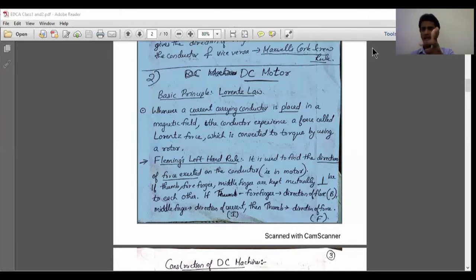So these three are mutually perpendicular. Hence we can find the direction of force experienced on the conductor by using Fleming's left hand rule. Force F, magnetic flux density B, and current flowing through the conductor I: FBI.